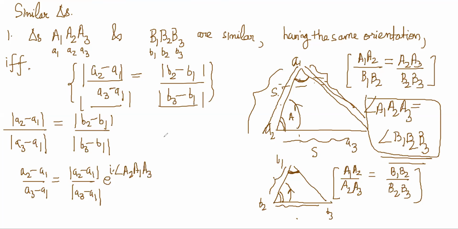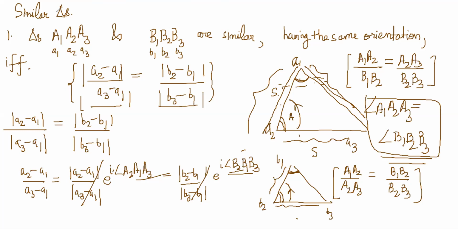Similarly, B2 minus B1 by B3 minus B1 can be written as mod of B2 minus B1 by mod of B3 minus B1, e to the power i times angle B2, B1, B3. Since these two complex numbers are the same and the mods are also the same, the mods can get cancelled and the angle part is also the same, right? So the equality is true.